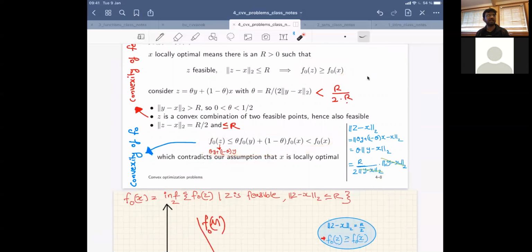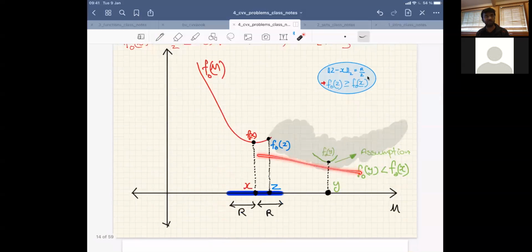Then we can say that it is not possible to have this scenario. The moment you find a local optimal point, you cannot assume another point which has a lesser function value than that. If it's greater, then there is no problem. f0(y) is less than f0(x): I assumed that I found an x which is a local minimum.